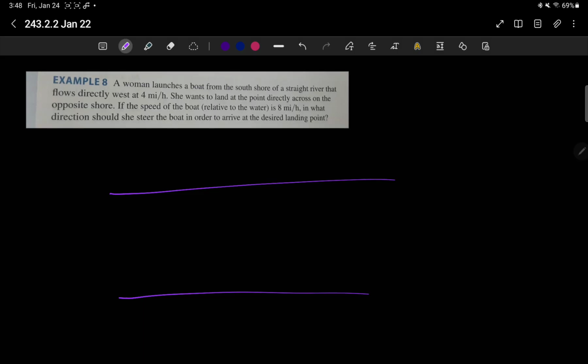Okay, so let's say north and south side. So we have this being the east and this being the west. So the river is flowing to the west at 4 miles an hour. And let's suppose she starts here and she wants to land at a point directly across on the opposite shore. So wants to land here.